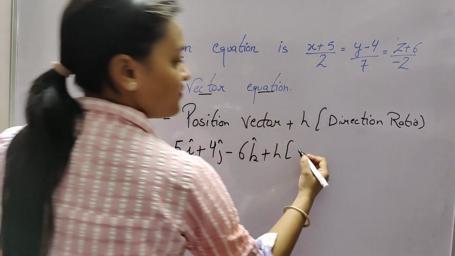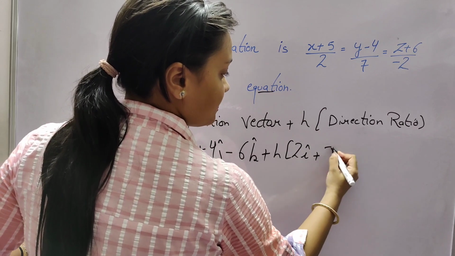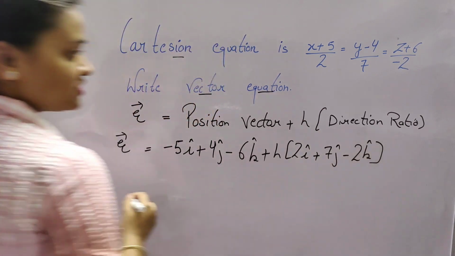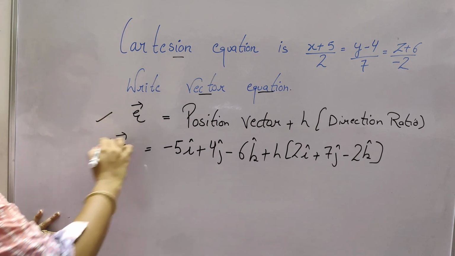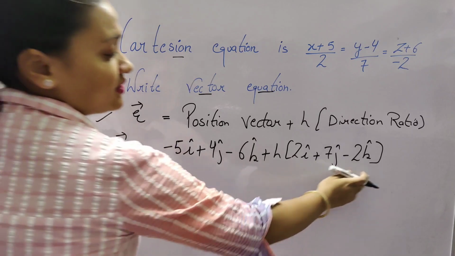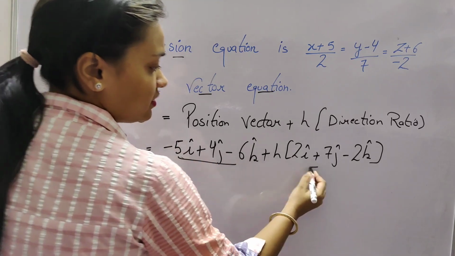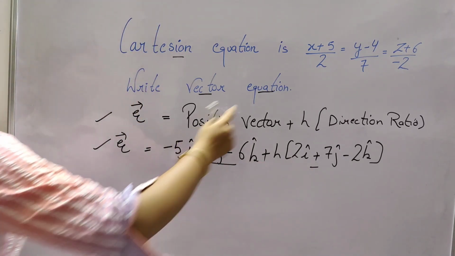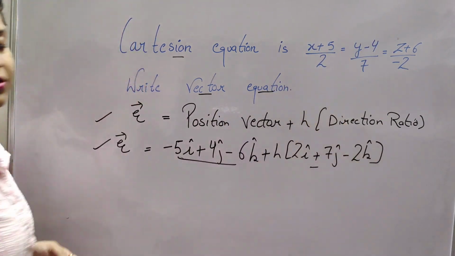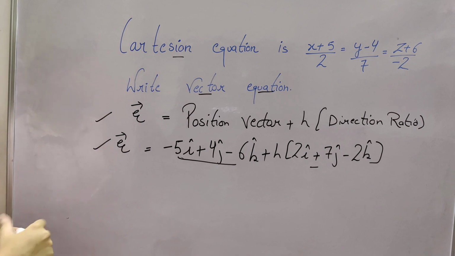Direction ratios are 2i plus 7j minus 2k. So these are the direction ratios of the equation. In this form you are going to write the vector equation. Firstly the position vectors, then the direction ratios of the equation. Position vectors are upper and in the bottom here are the direction ratios. So moving ahead with another question.